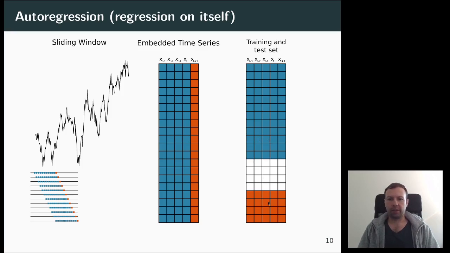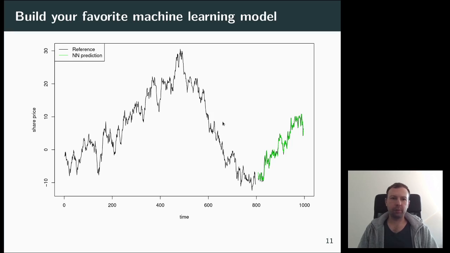Obviously we can partition our data into a training and a test set, then we train the model, and then we can test it on some future data. I've done that here for you, for example, with a neural network. And what you see is that on the test data, wow, that worked really well, right? It's totally nailing it, totally following the signal, seeming to get everything pretty much right.